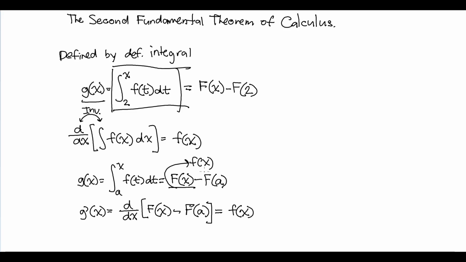The derivative of an antiderivative will always be the original function. So that'll be f of x minus the derivative of big F of a. Now a is a constant term, so this is also a constant, so that'll be 0.